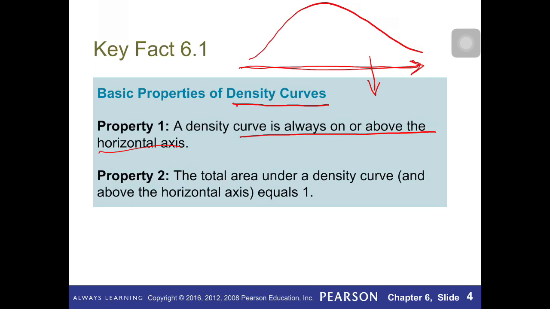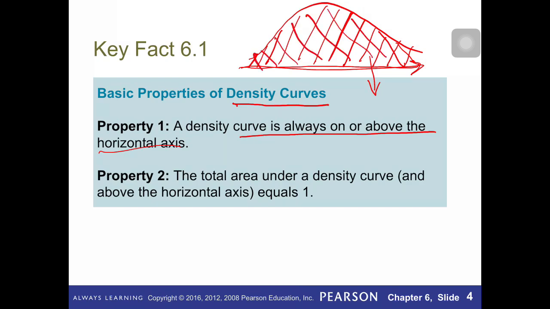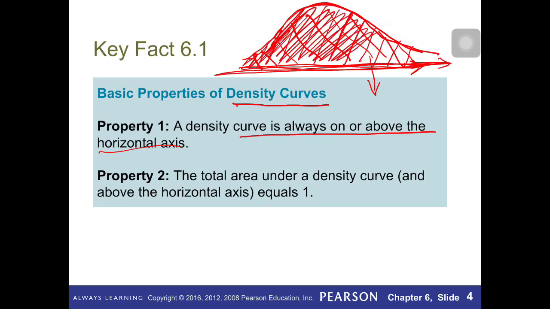The second property is the total area under this curve. Total area, which means this colored area under the curve, is equal to 1. The area in between this curve and this horizontal line is equal to 1.